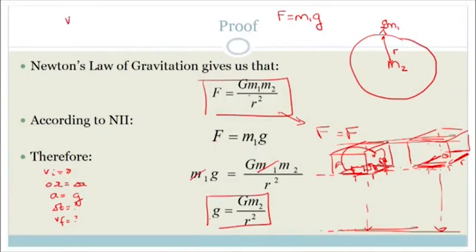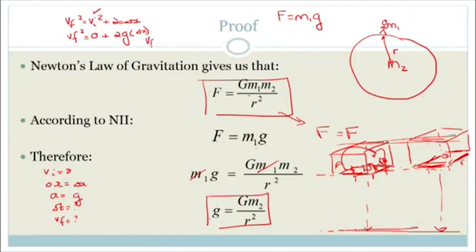The final velocity is going to be the same. If we go Vf squared is equal to Vi squared plus 2a delta x, do you agree the initial velocities are the same? They're both 0. Plus the acceleration due to gravity is g, and the delta x is the same for both of them. So therefore we can say that the final velocity squared is equal to 2g delta x for both of these, which means the final velocity is going to be the same.